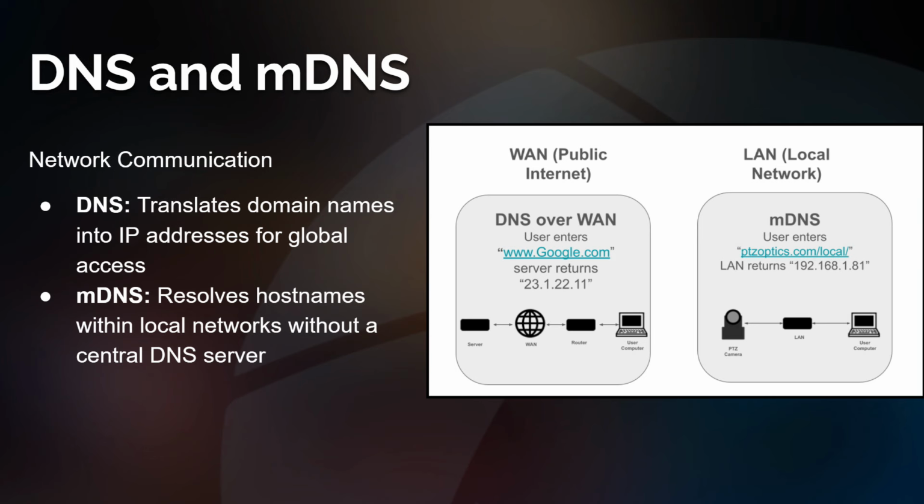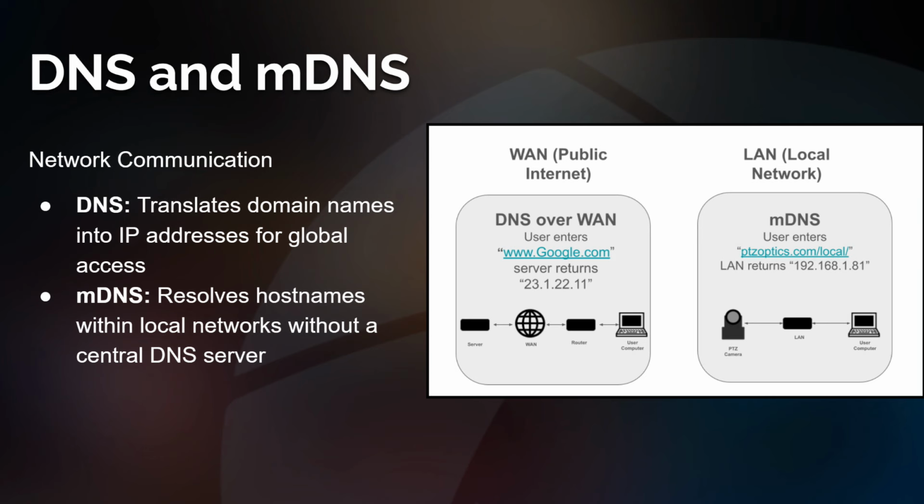So it's a server in the cloud, right? And so that's what DNS does. Now, that's for the wide area network, right? Google.com routes that name to a server that's going to give you that website.